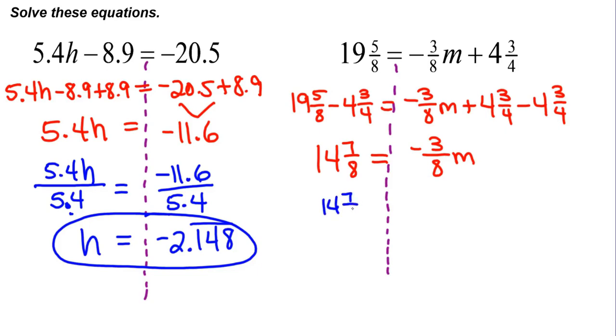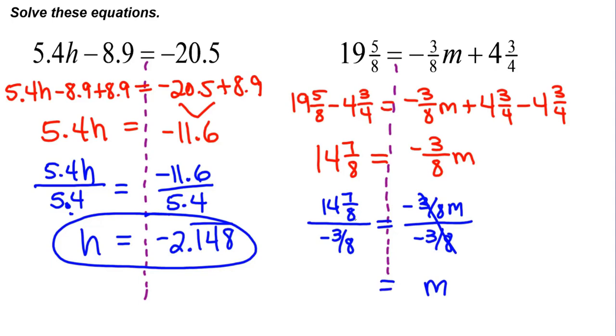So I'm going to divide both sides by negative 3/8. On the right-hand side, those cancel each other out, leaving me m. And on the left-hand side, negative 24 3/8 divided by negative 3/8 is 65. So there's my solution.